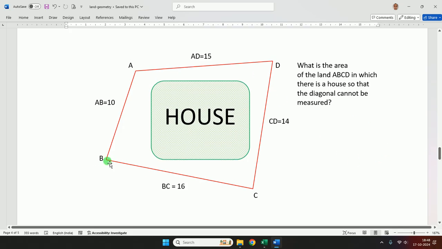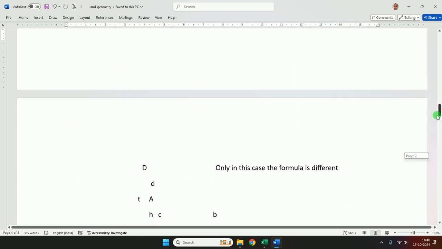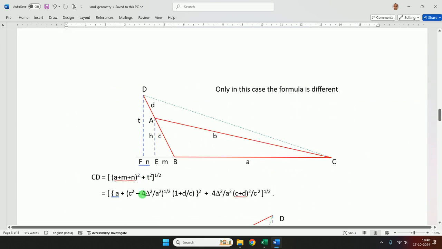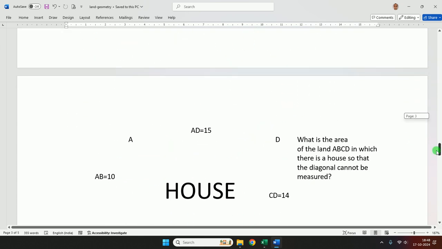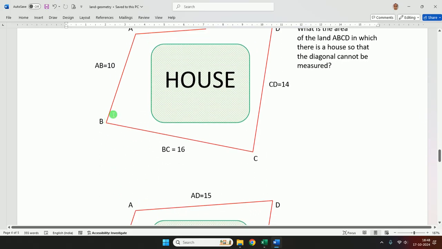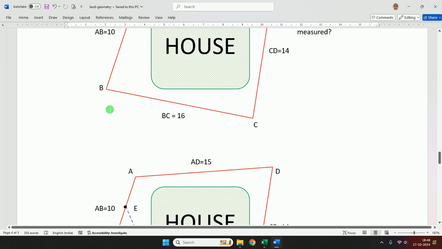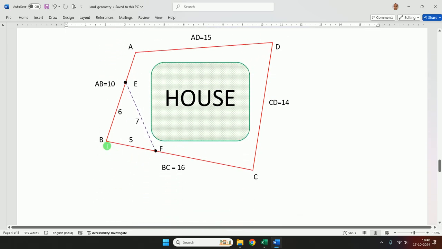But if it is an obtuse angle, for example, if you choose this corner, then you cannot use this formula. You have to use the obtuse angle formula, this one. So let us use this one. This is an acute angle. So after choosing this B, we choose two points E and F on these two lines. So this corner we have chosen.